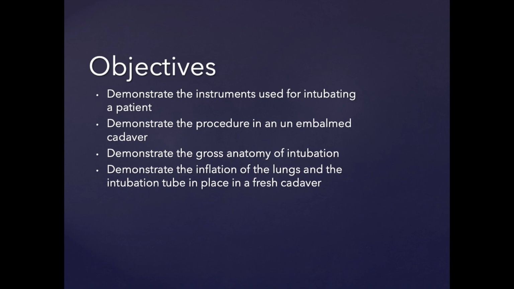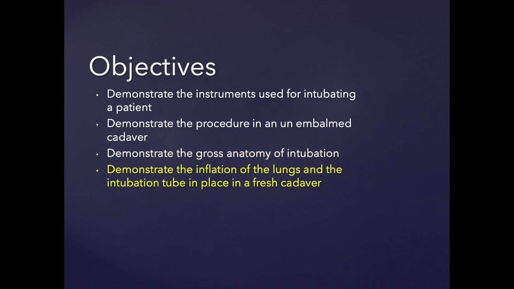There are four objectives in this tutorial. First, the instruments used during the intubation procedure will be demonstrated. Second, the intubation procedure will be performed in a fresh cadaver. Third, the gross anatomy necessary to understand the intubation procedure will be shown in a sagittal section of a cadaver.